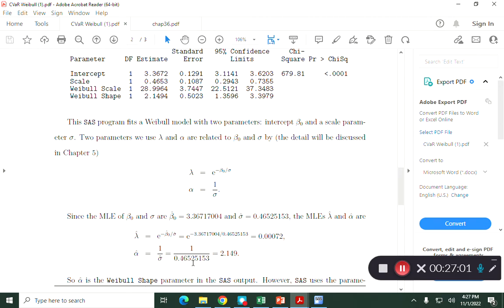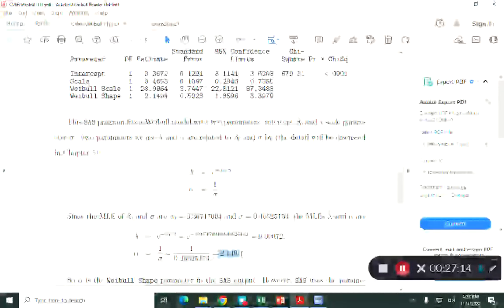Second thing is, look at here. There's a shape parameter. Remember, in Weibull distribution, I said it's widely used. Shape parameter equal to 1 is a special case. It's an exponential distribution. Shape parameter greater than 1 means that your hazard increases over time. Shape parameter less than 1 means the hazard gets less and less.